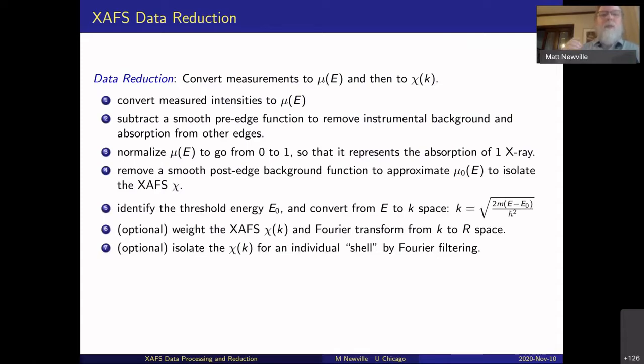So we're going to make mu, which can be complicated, actually, depending on how complicated your beamline is. Then we'll remove instrumentation backgrounds, and then we'll do the step of normalizing so that it goes from 0 to 1. We'll remove a smooth post-edge background, and then we'll select energies for E and convert to k-space. And we might do some Fourier filtering.